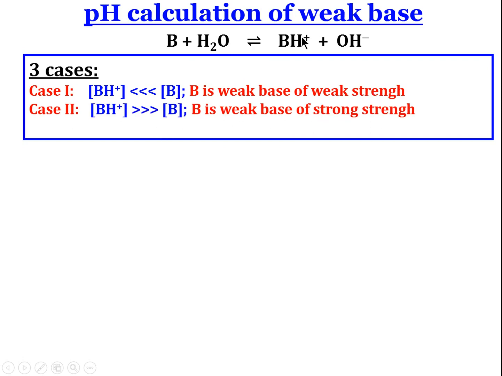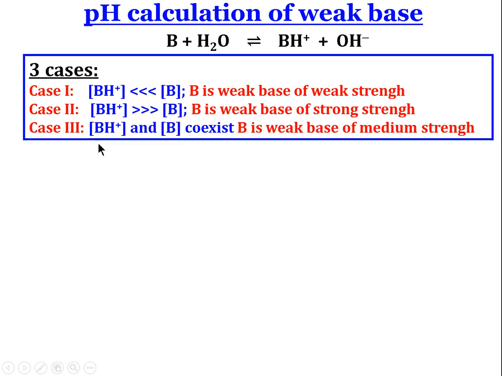In case 2, if BH plus is greater than B, or B is negligible with respect to BH plus, B dissociates practically to BH plus and OH minus, so B is a weak base of strong strength.